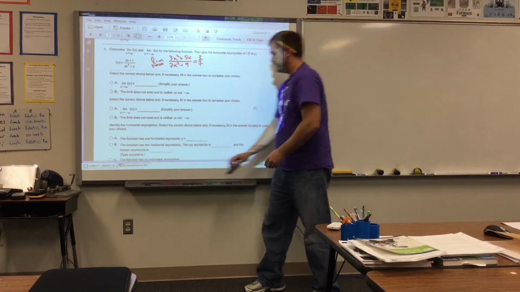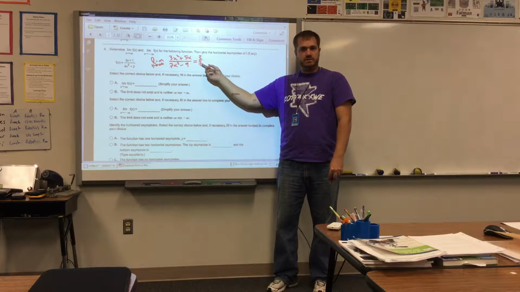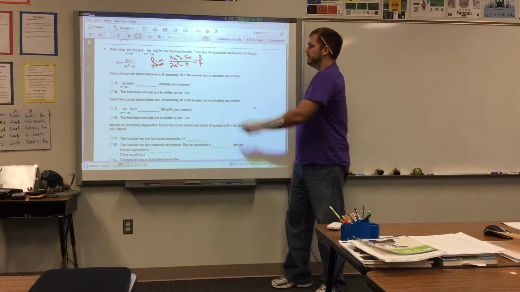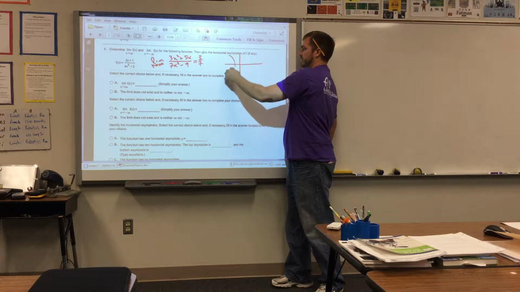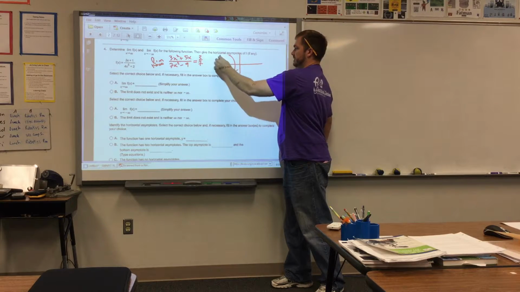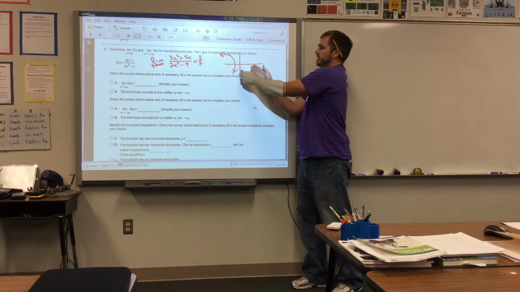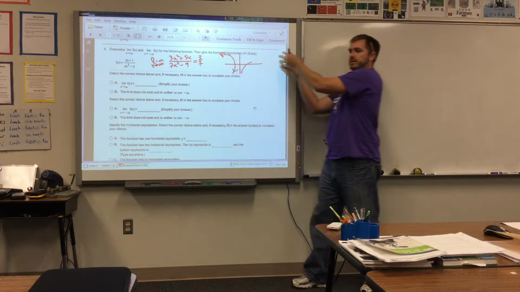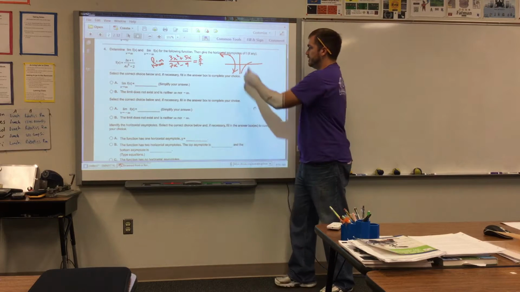Little fun fact, that is what we would call the horizontal asymptote. Because what we're saying is, whatever's going on around here, I don't know, maybe something kind of like that, as x approaches infinity, as this function grows farther and farther this way, the y value is approaching 3/7.